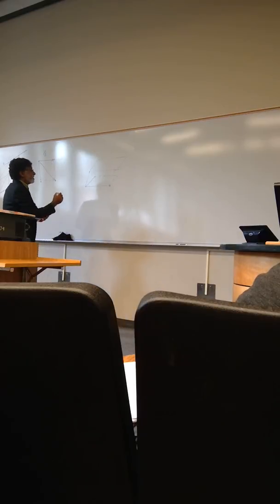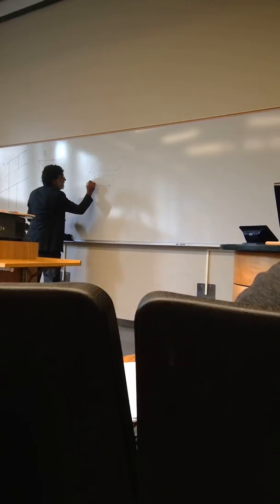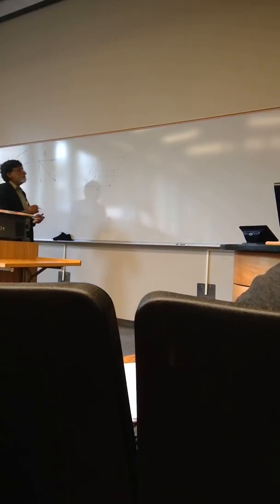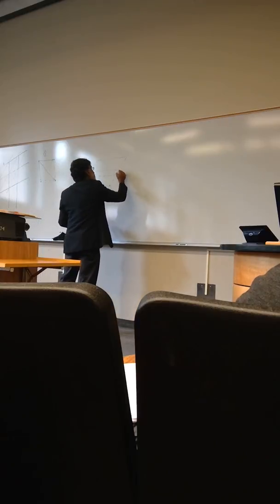This is A, this is B, this is C. What sort of crystal do you think this is? What sort of lattice is this? The monoclinic? No, it's triclinic. The angle is not 90 degrees.